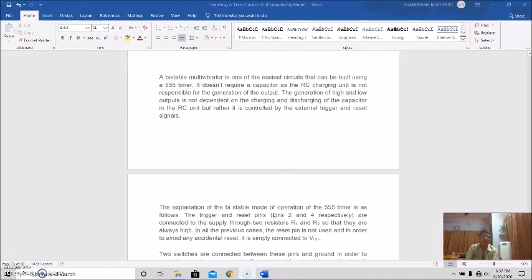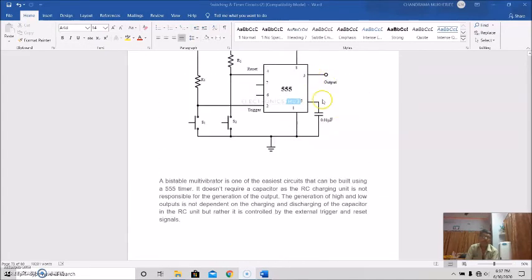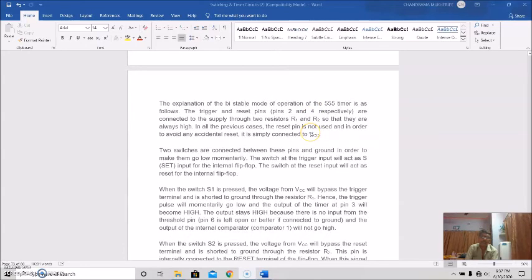The output always remains high unless and until there is input from the threshold pin, that is pin 6, which is left open, better if it is connected to ground, and the output of the internal comparator, that is comparator 1, will not go high.